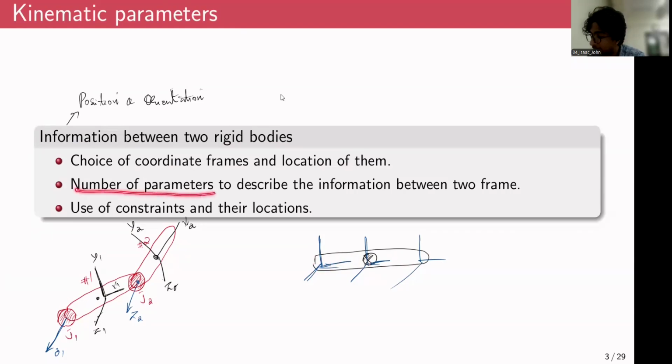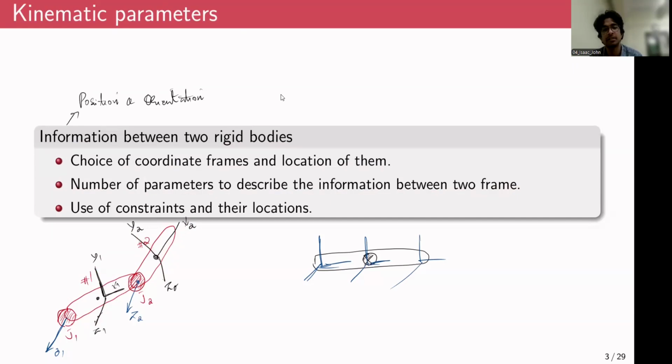And the number of parameters to describe the information between two frames. For example, if you have two frames, x1, y1, z1, and x2, y2, z2, how many parameters do you require to convey the information between these two frames?